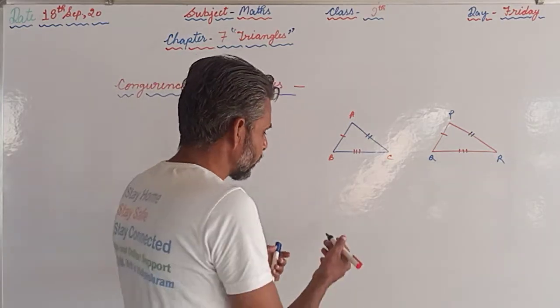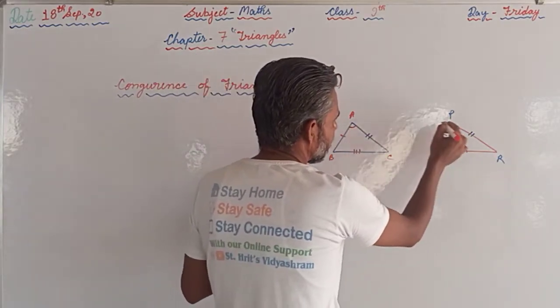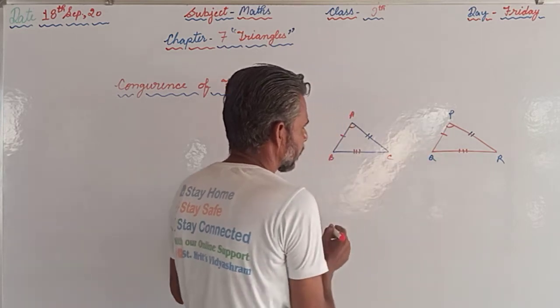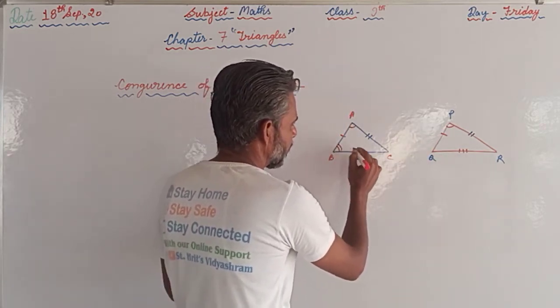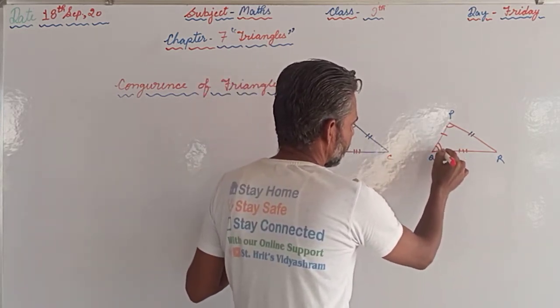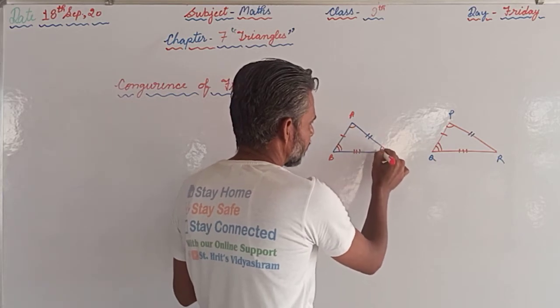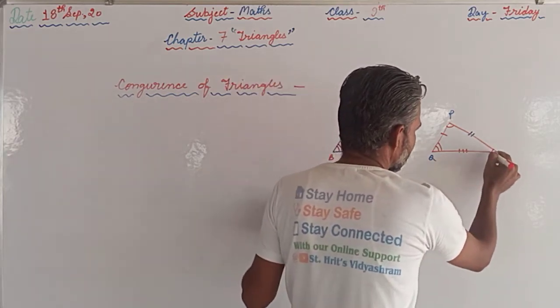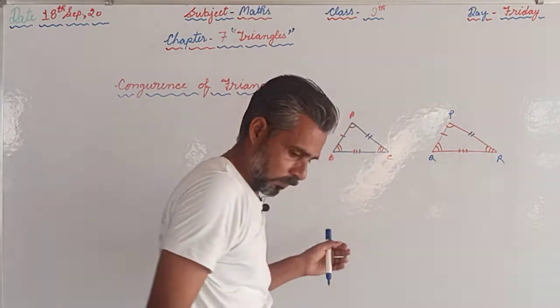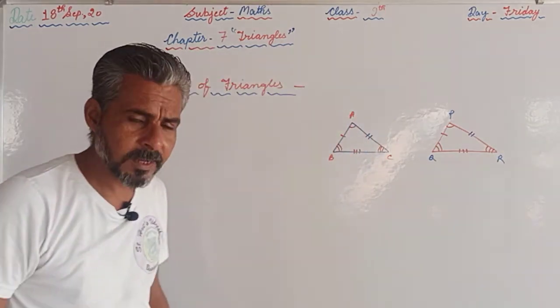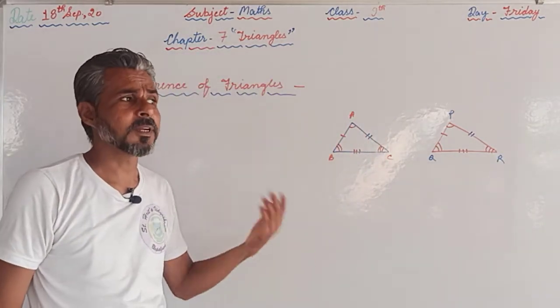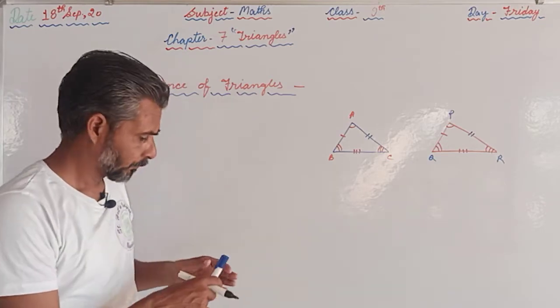At the same time, angle A equals angle P, angle B equals angle Q, angle C equals angle R. So we can say in congruent triangles the corresponding sides as well as corresponding angles are equal.